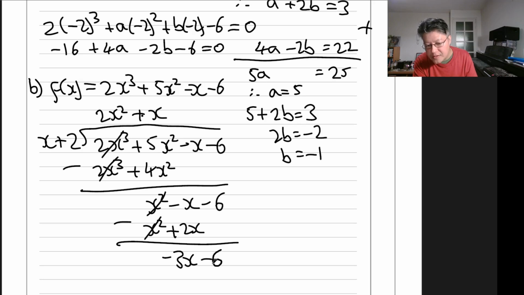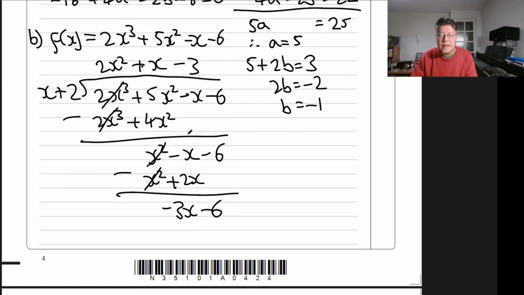Copy the minus 6, and then we repeat on this bit. So x into minus 3x goes in minus 3 times. And then minus 3 times x is minus 3x, and minus 3 times 2 is minus 6. And if you subtract that, there's no remainder, as expected.